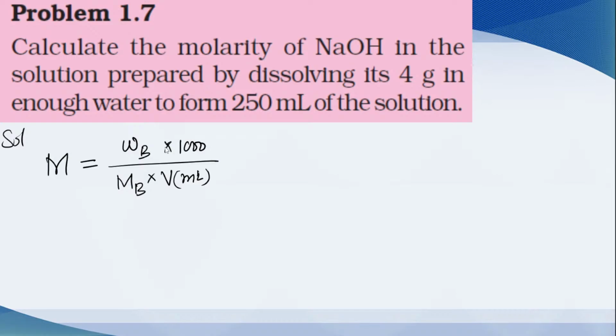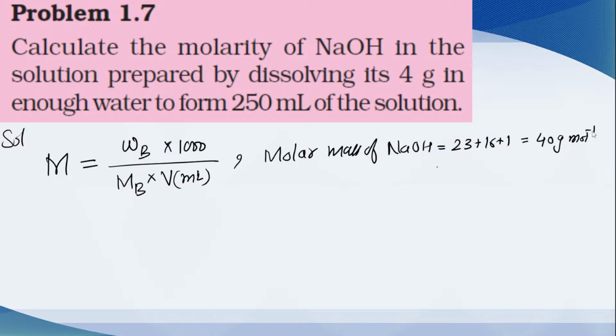The molar mass of sodium hydroxide is 23 plus 16 plus 1, total 40 gram per mole. So the weight of solute is 4, molar mass is 40 into 250, into 1000.